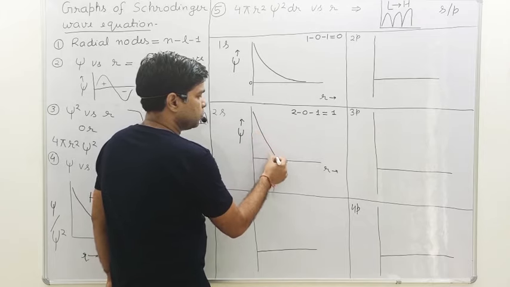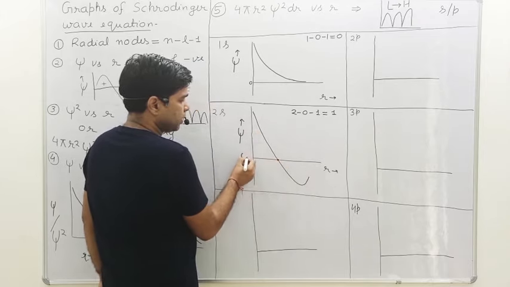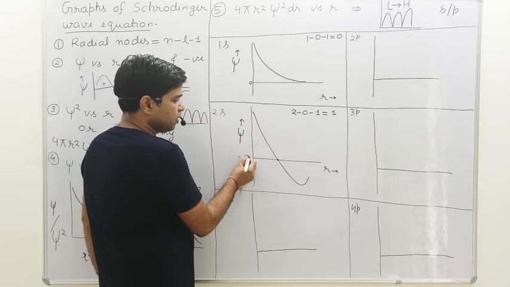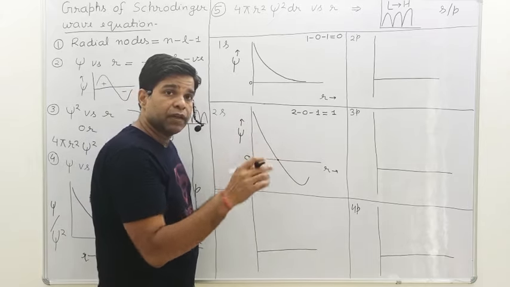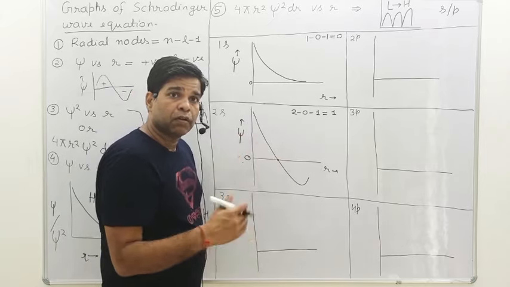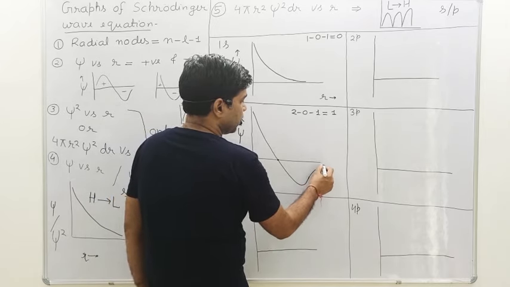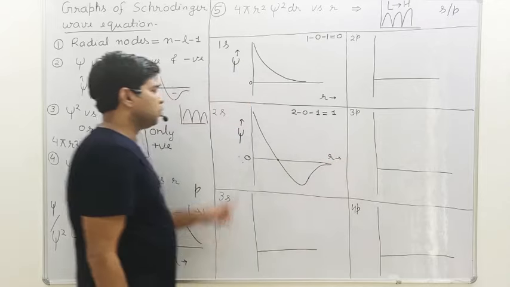This is the point where psi is equal to 0. So this point represents the point where we have 0 probability of finding the electron, that is the node. And now psi cannot be 0 again. So this is the graph of 2s.